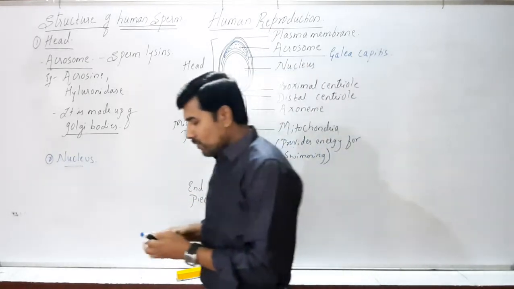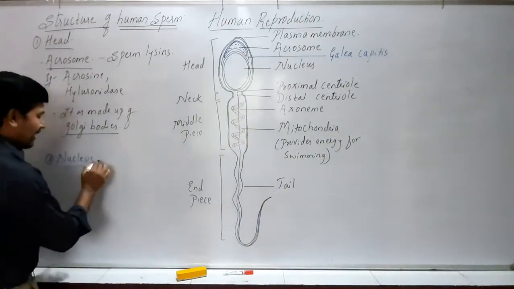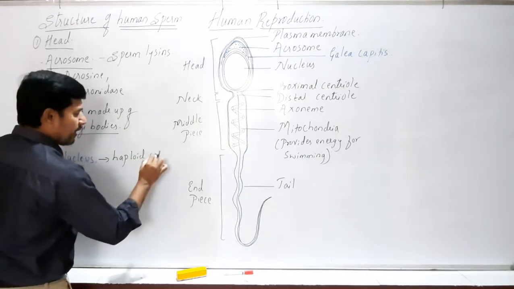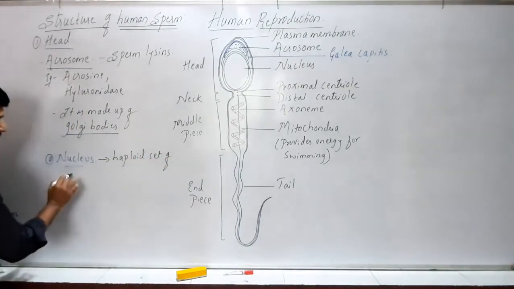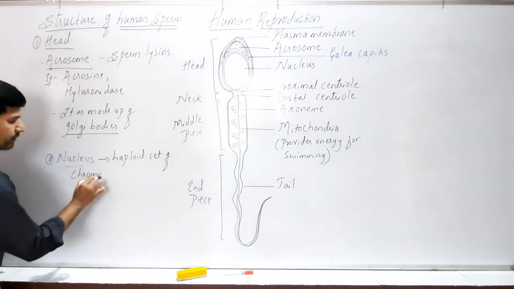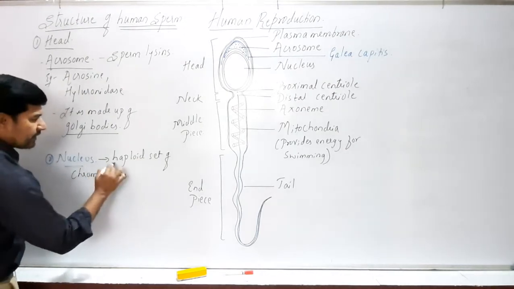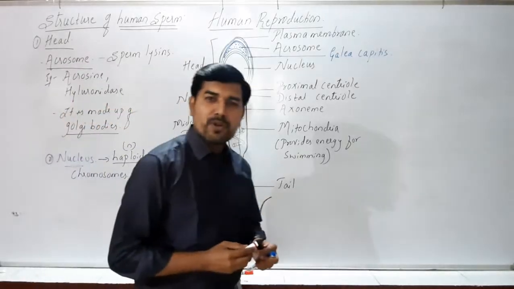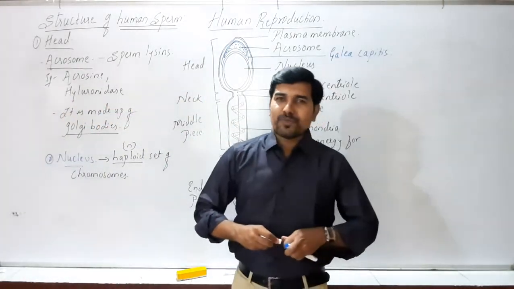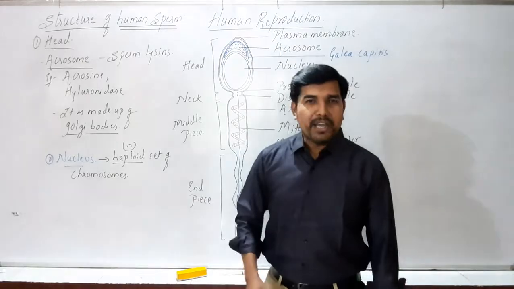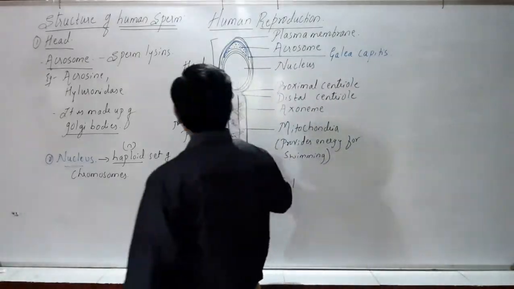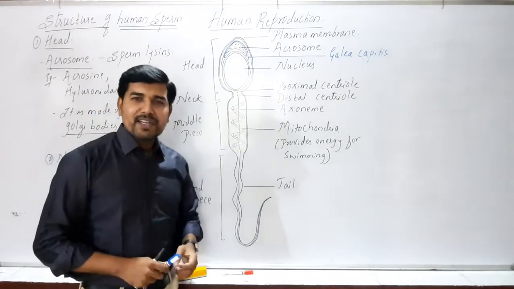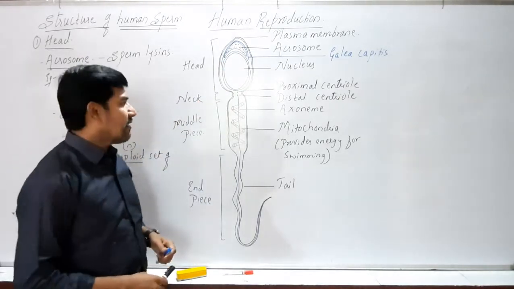That means the nucleus is a structure that contains a haploid set of chromosomes. This haploid set we also call the N number. N number of chromosomes, or 23 father chromosomes, are present in the nucleus. So this is regarding the part of the nucleus. The nucleus has chromosomes present in their condensed form.